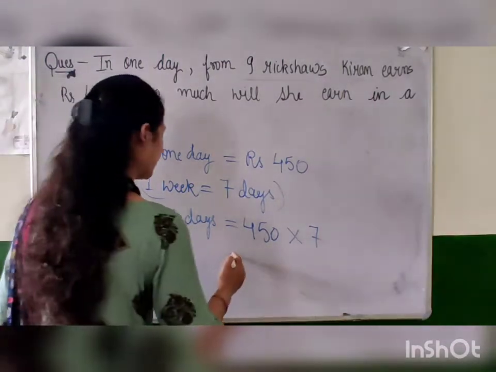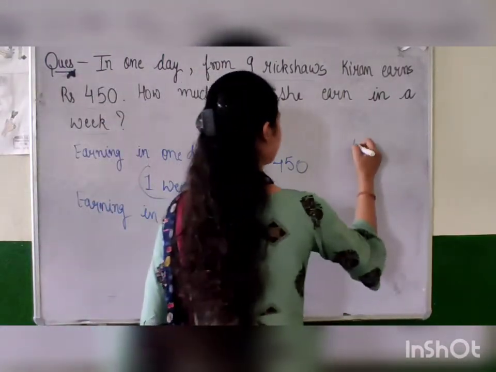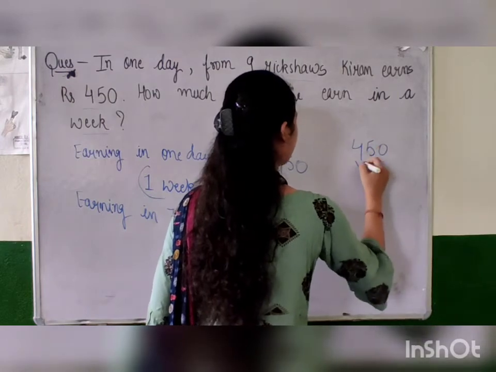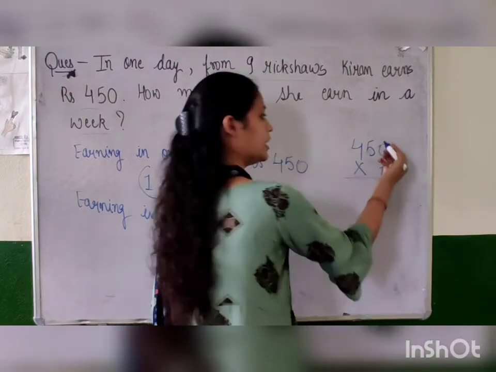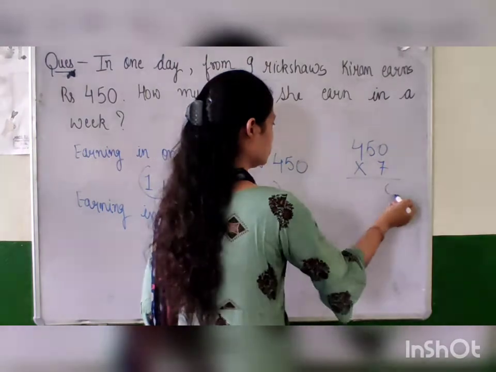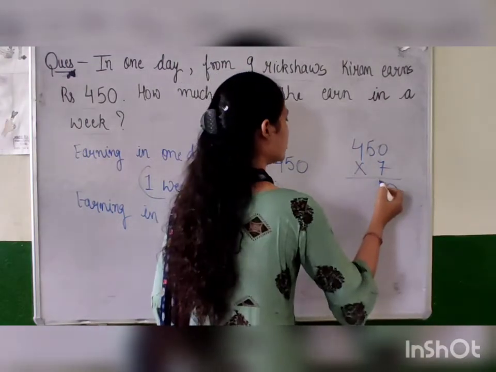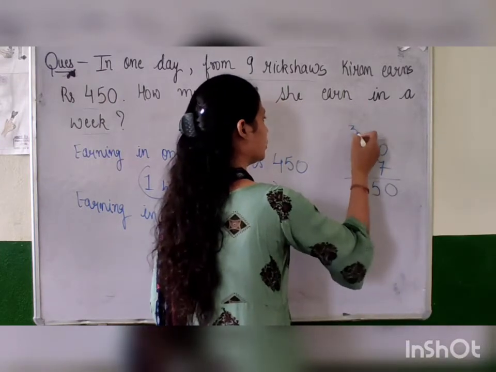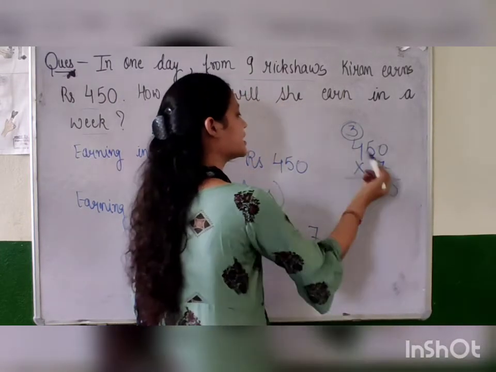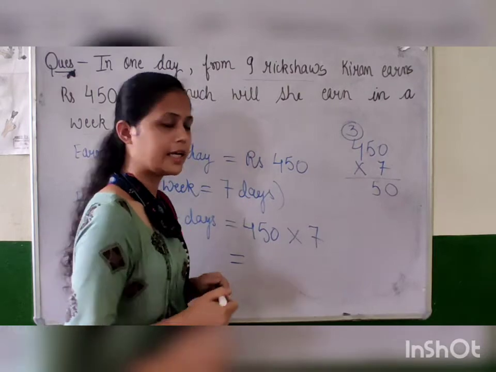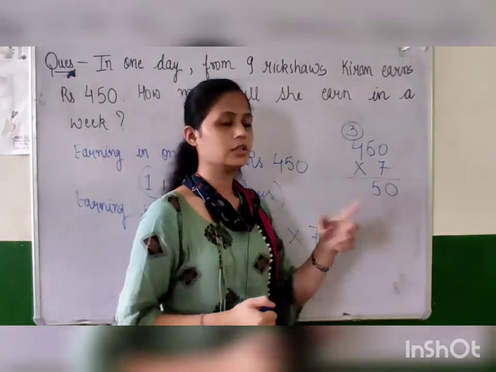So let's multiply it here. 450 multiplied by 7. 7 into 0 is 0. 7 into 5 is 35. So 5 here and 3 will go in carry. 7 into 4 is 28. We have to add 3 to it.